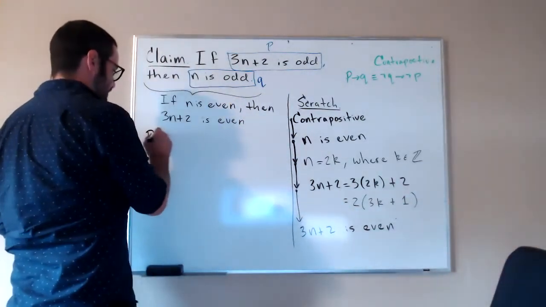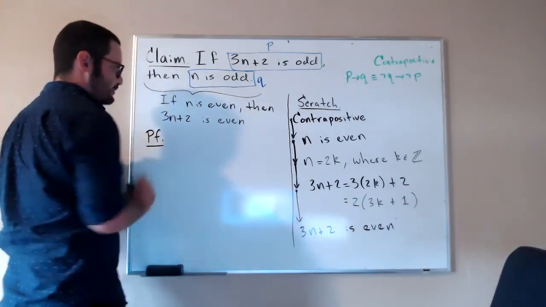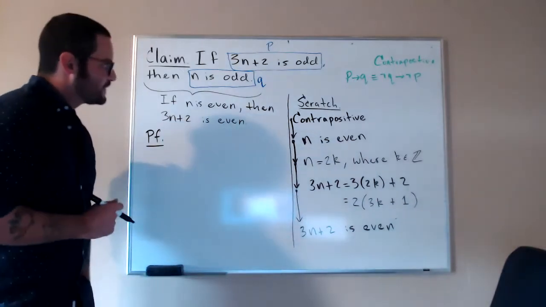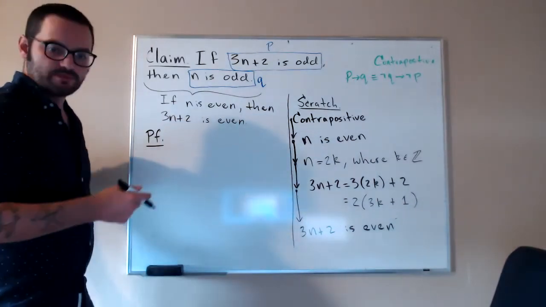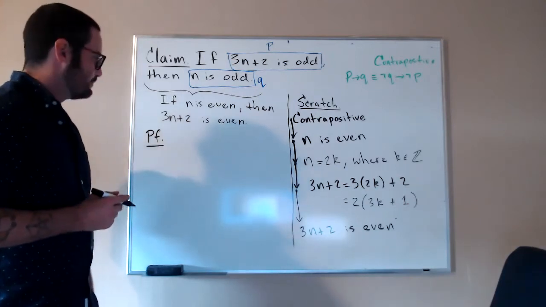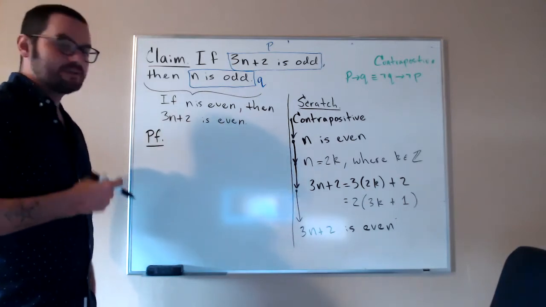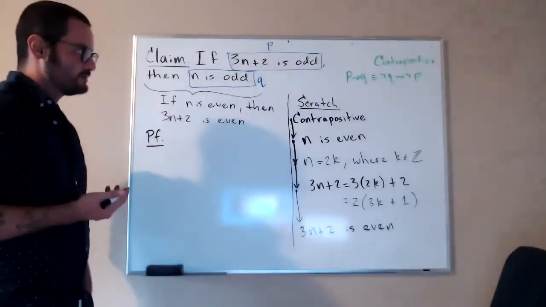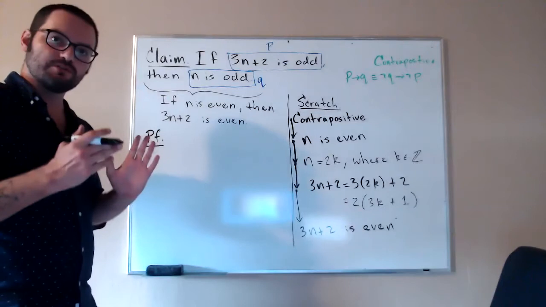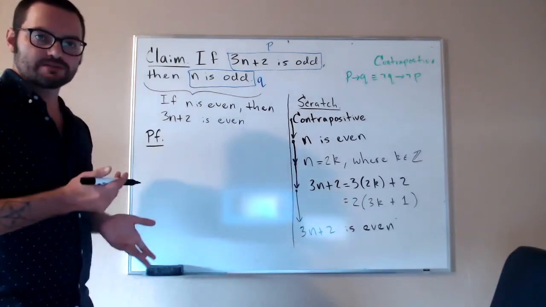Okay? So let's go ahead and write down our formal proof now. We have our scratch work to go off of. Unlike direct proofs, when we just assume the hypothesis and continue proving, when you're using an indirect method, such as contrapositive, you need to declare that at the very beginning of your proof so that the reader knows that you're proving the contrapositive.